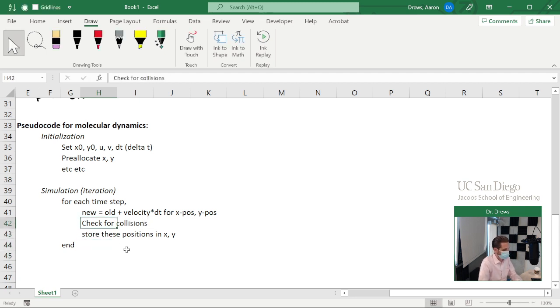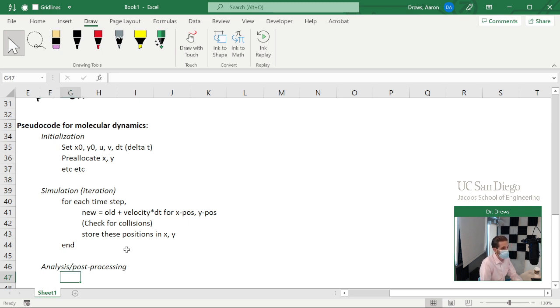So I'm going to put that one in parentheses because we probably aren't going to do that today. But if we do, it'll be at the end of today, or we'll start with that step on Wednesday's class. And then the last part is analysis, or sometimes it's called post-processing.